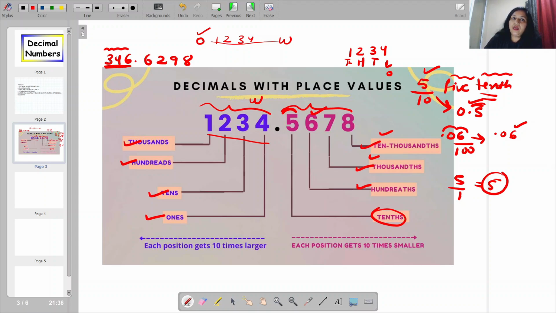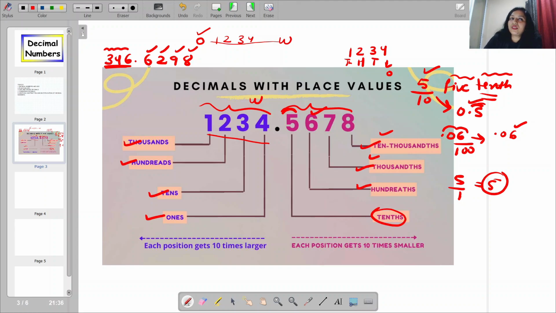For example, 346.6298. I haven't read it as six thousand two hundred ninety-eight. That will be incorrect. It is not 6000. It is six-tenths, two-hundredths, nine-thousandths. Okay. So please be careful while reading decimal numbers.